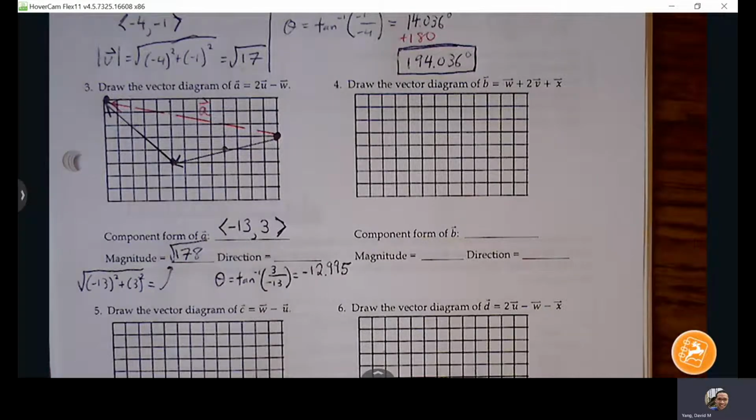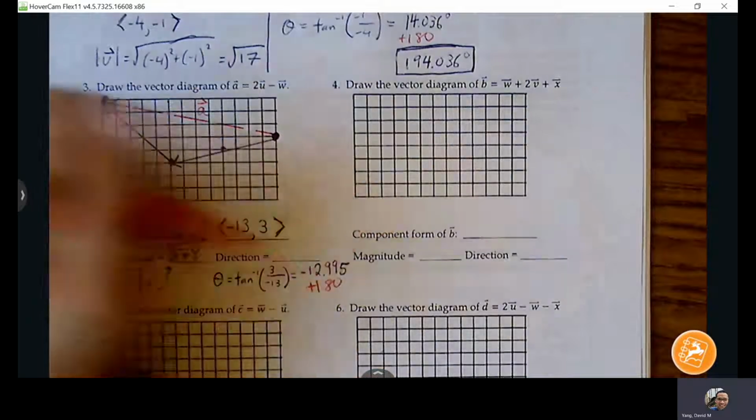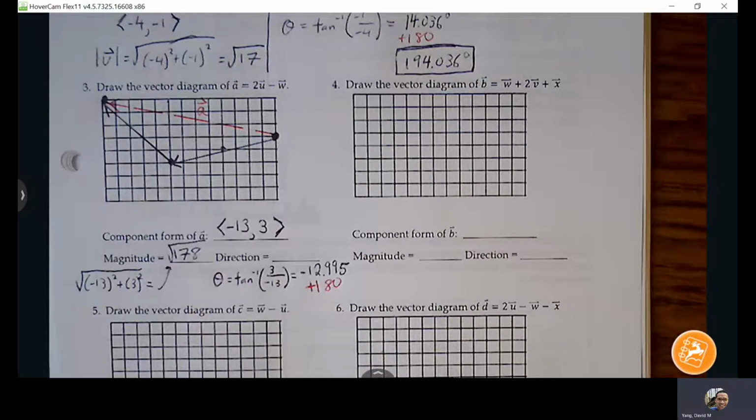Okay, which quadrant is vector A pointing into? Yeah. So after you get that number, we have to adjust it, right? Plus 180, or 180 minus 12.995.